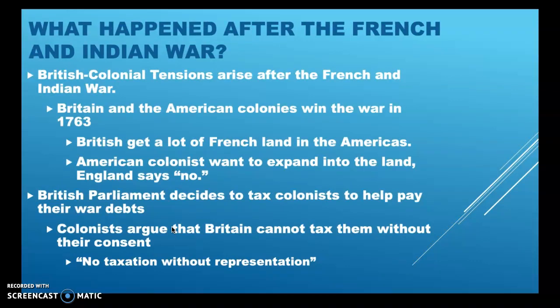In 1754, we have a war that erupts on the North American continent. It's between the English and the French. Do not get confused: the French and Indian War was a war between the English and the French. It was not between the French and the Indians. The French were also in North America.